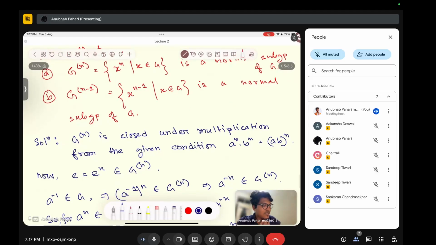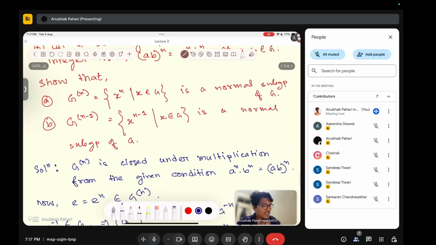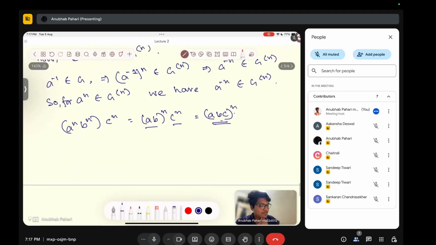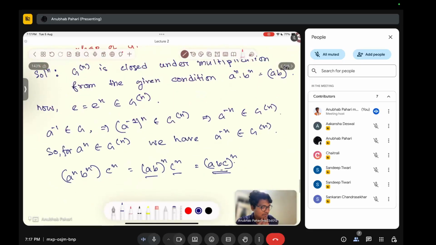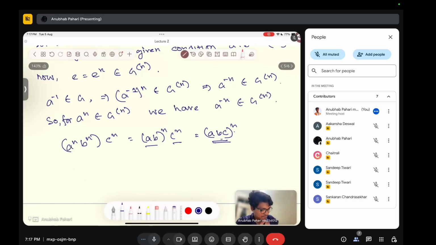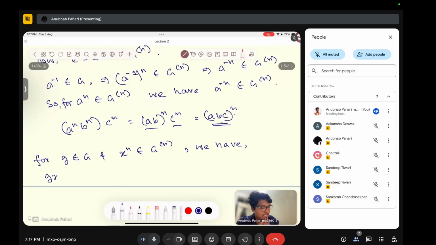Now let's show that Gn is normal, but this is quite trivial because for g belongs to G and x^n belongs to Gn, we have g x^n g inverse.